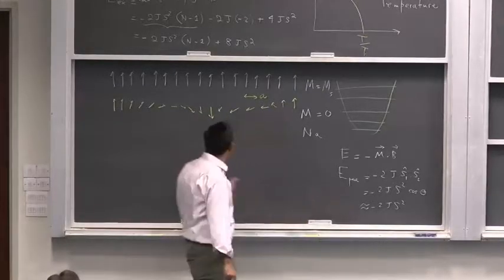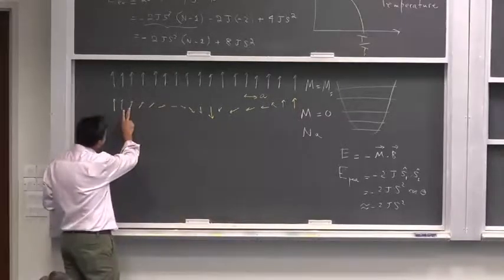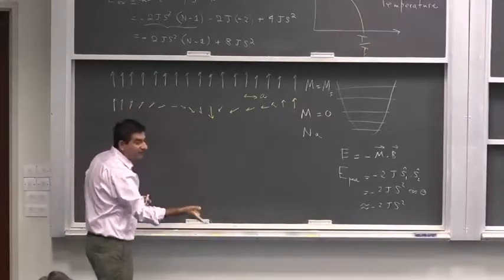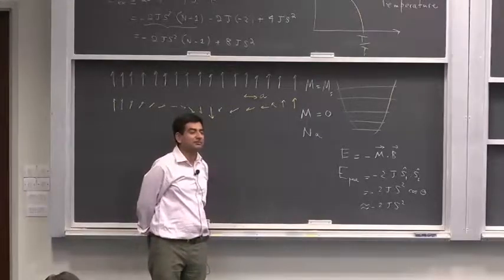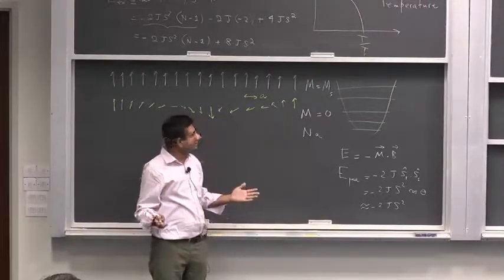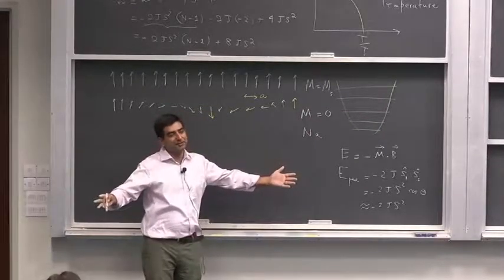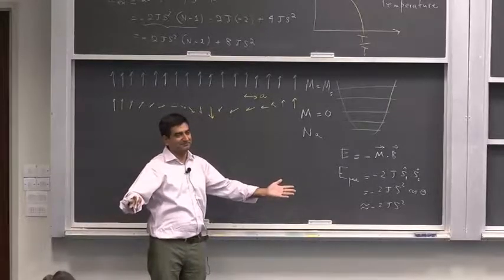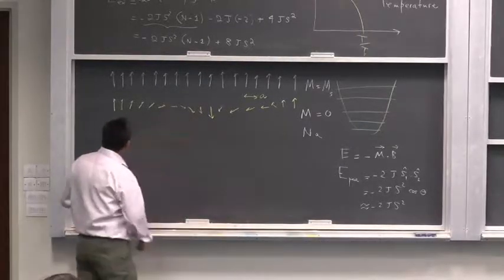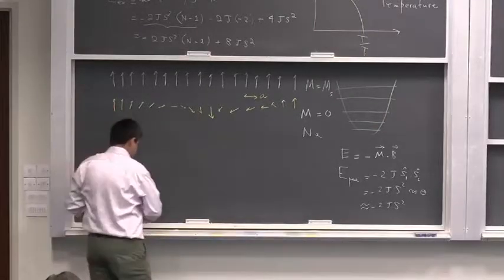The energy of interaction between any two neighboring spins remains small. So the energy of this system is actually quite small. But the mean field theory would have us believe that since the magnetization of this overall system is 0, the energy is really high. In other words, what we've done here, suppose this is a string.